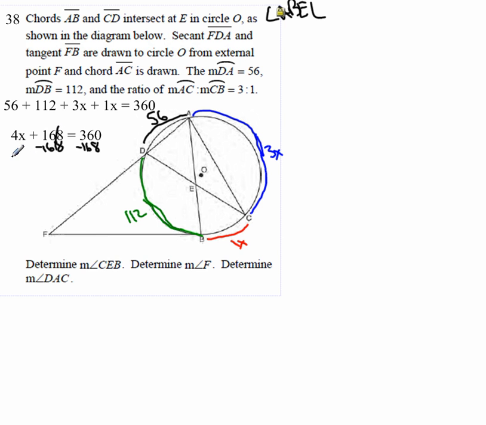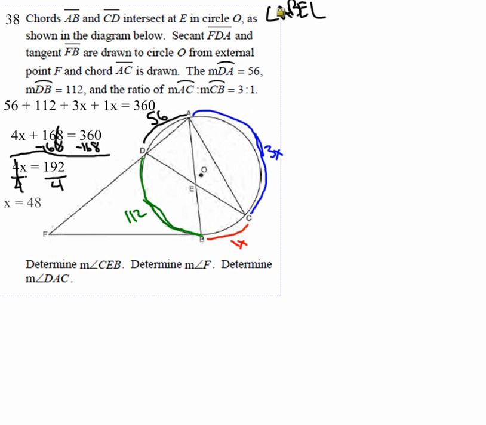That's going to cancel out, and you're going to get 4x equals 192. Divide both sides by 4. That's a 4 over there, believe it or not. Gotta work on my handwriting. That's a 4. So you get x equals 48.